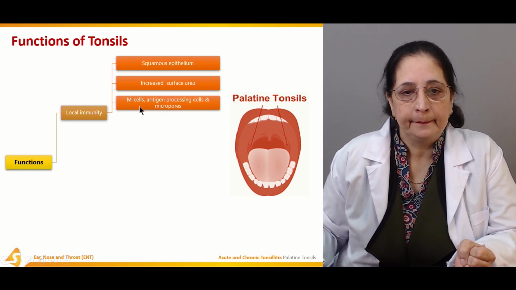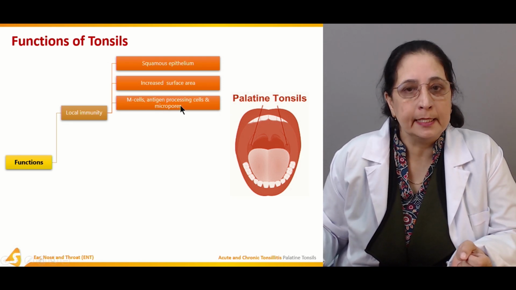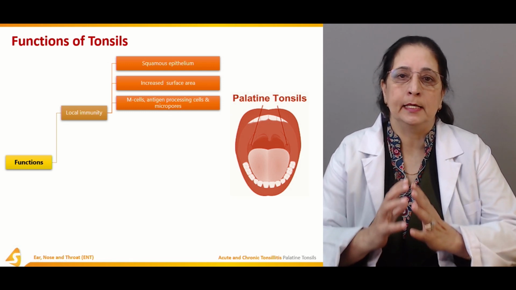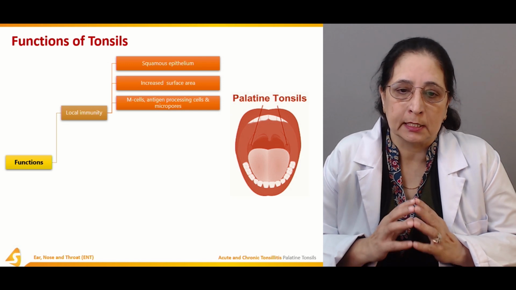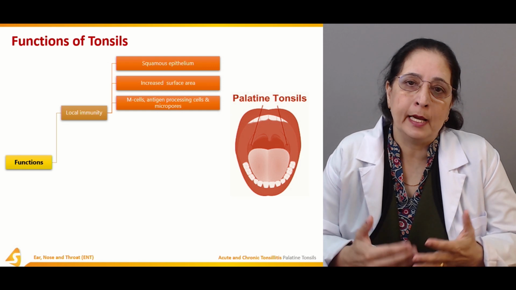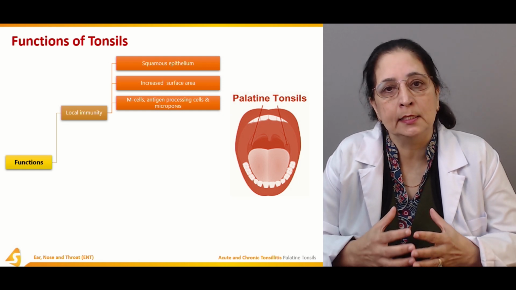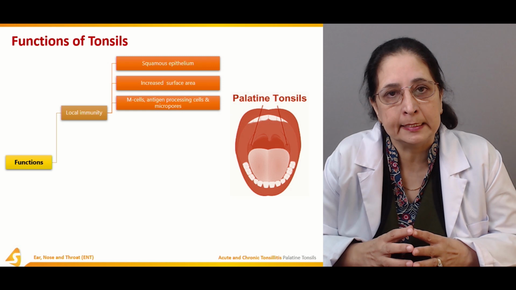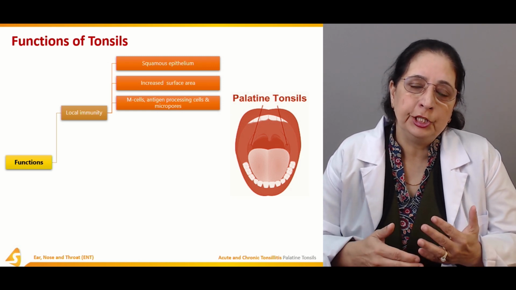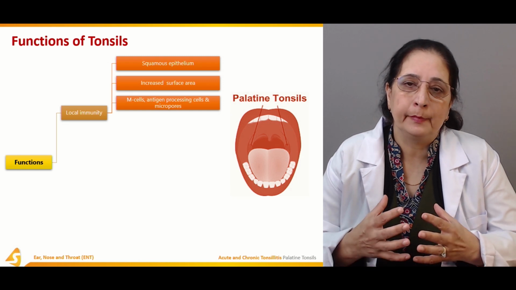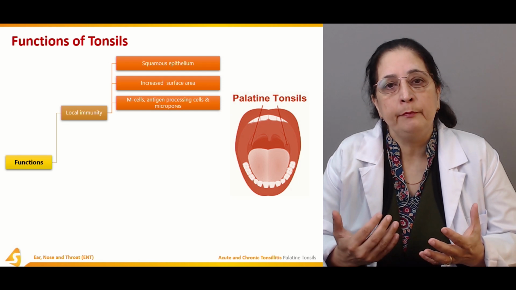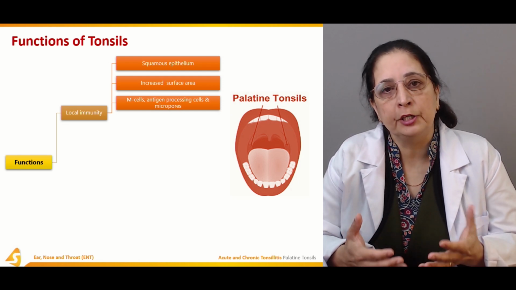M cells, antigen processing cells, and micropores are present in the tonsils. So the immunity provided by these tonsils is with the help of the M cells and antigen processing cells. The antigen antibody reaction plays an important role in initiating the immune response or allergic response.